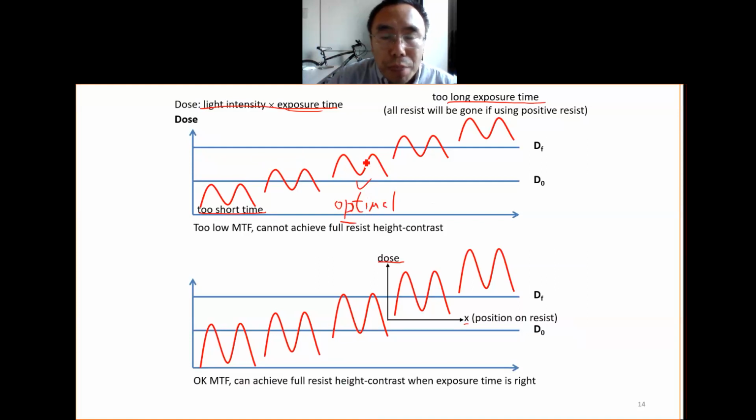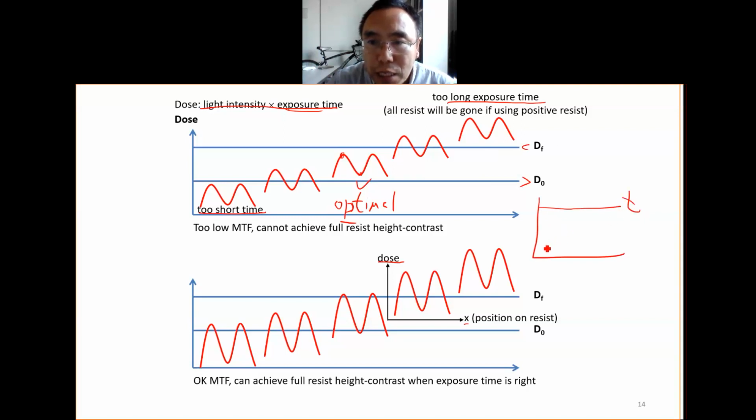But even for this optimal exposure dose, you can see the dose here is smaller than dF, and the dose here is bigger than D0. So this is the thickness, and the resist profile in this situation will be something like this.